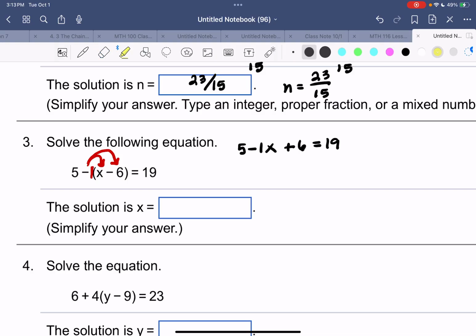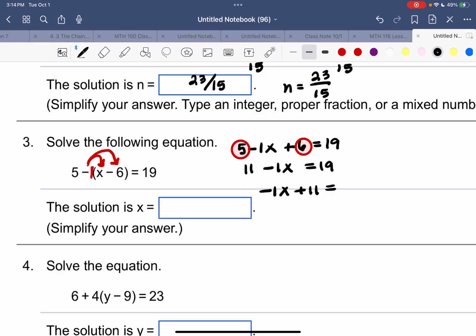I have a 5 and a 6, and those are both numbers. I'll combine those: 11 minus 1x equals 19. Or you could have put negative 1x plus 11 equals 19. And you don't have to write that negative 1 in front of that x. You can just put negative x.